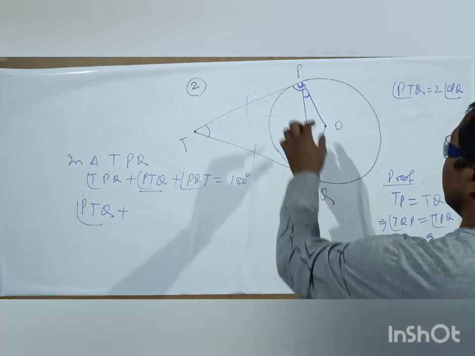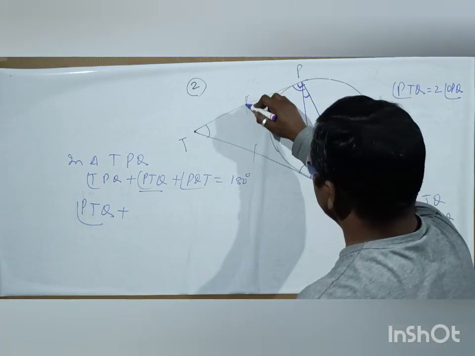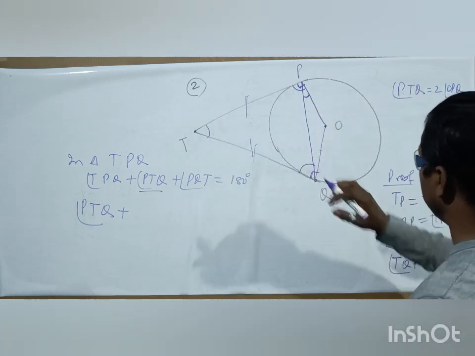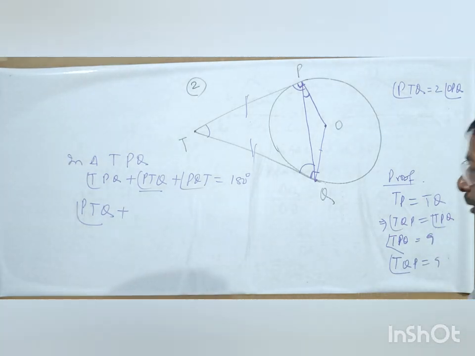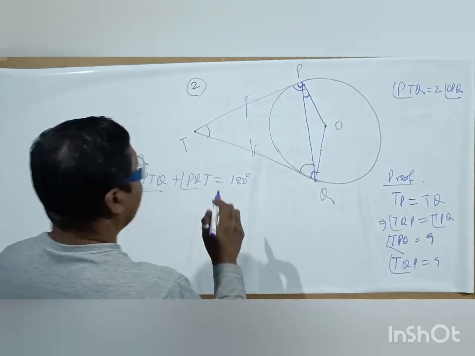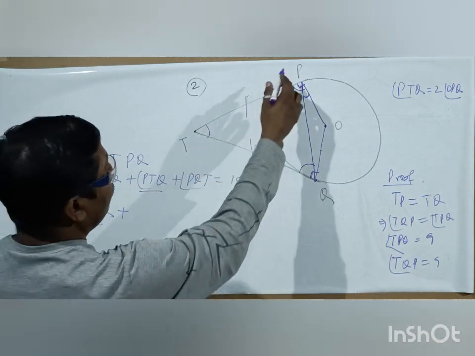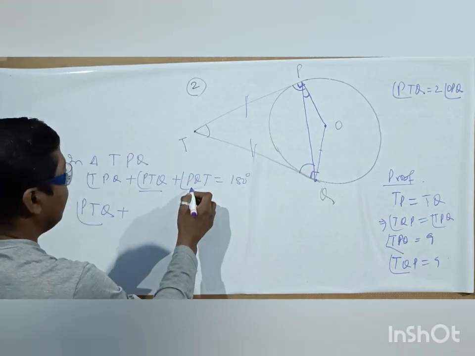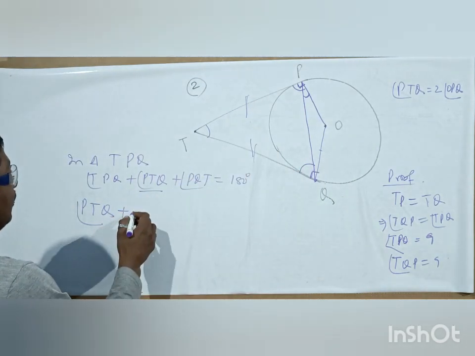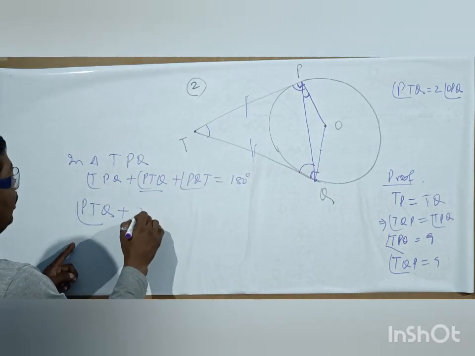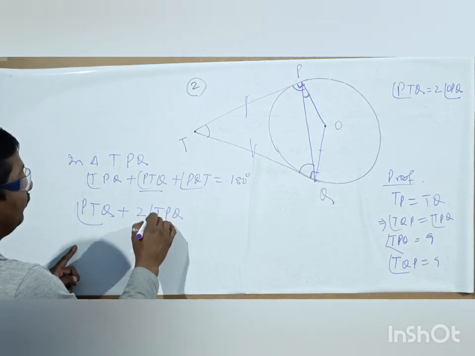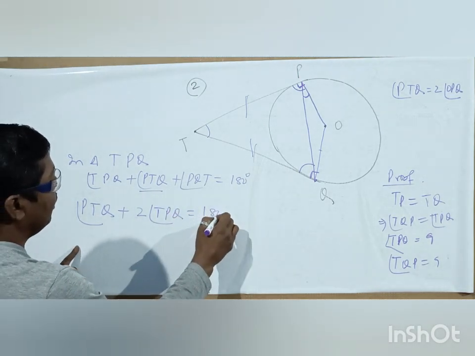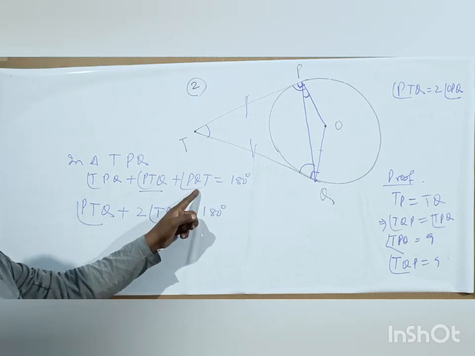You know that if two sides are the same, their opposite angles will be the same. So TPQ and TQP will be the same, and I can write 2 into TPQ equal to 180 degrees.